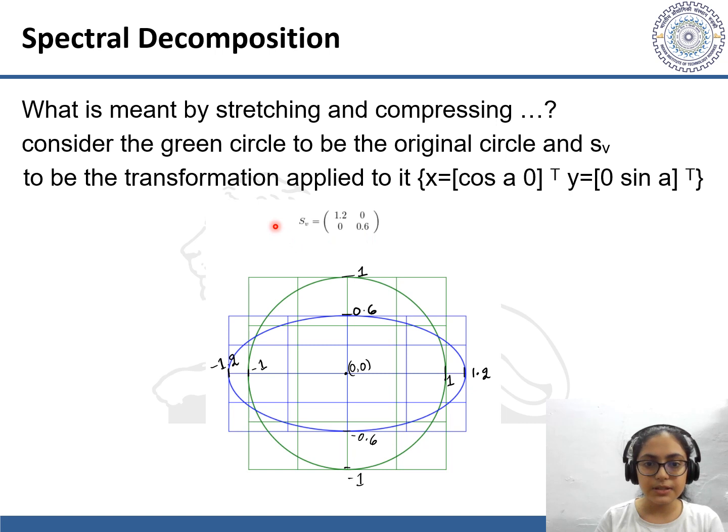So the transformation that is being applied to it is this thing, SV. What this does basically is that it scales the x coordinate of the vector by 1.2 and then scales the y coordinate by 0.6. So as we can observe, it is being compressed along the y direction and it is being elongated along the x. So this is stretching and compressing.